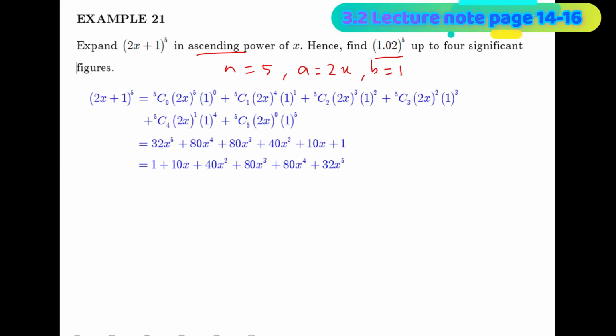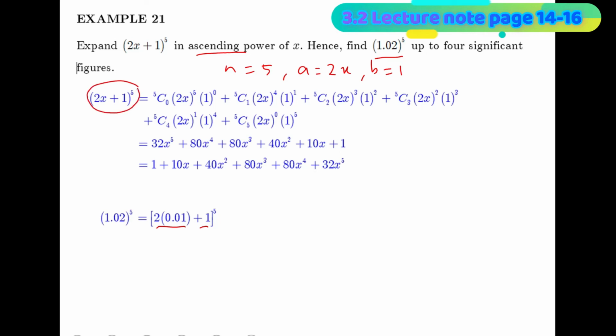To do so, we first separate 1.02 into two terms as follows: 1 plus 2 times 0.01. We do this in order to compare with our previous binomial expansion, as this one.